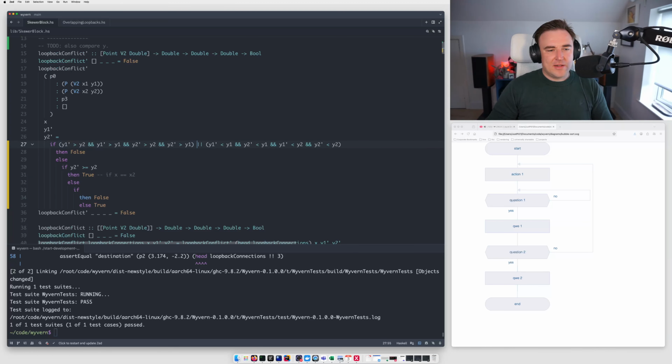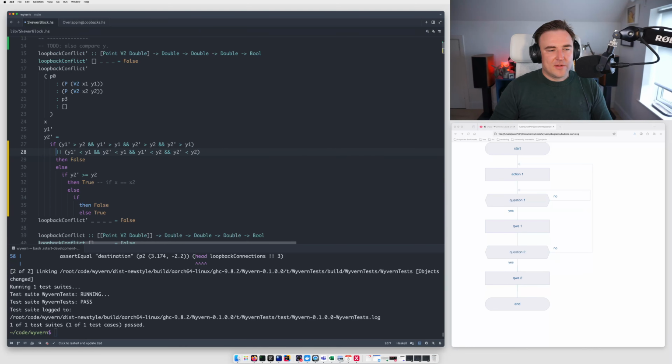So again, let's recap. In this scenario, both y1 prime and y2 prime are above here somewhere. So technically this is an illegal state. It will never happen. But it's good to have it, I think.